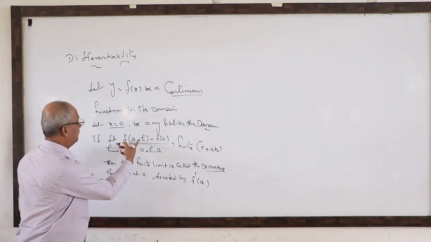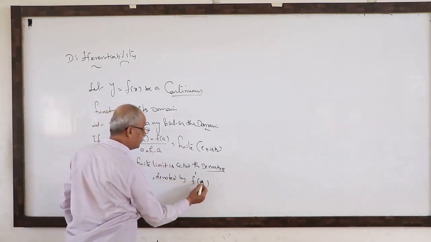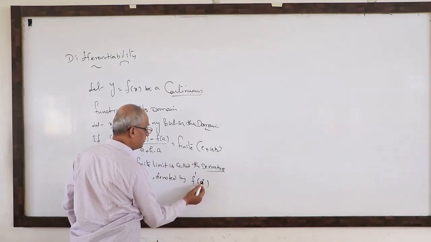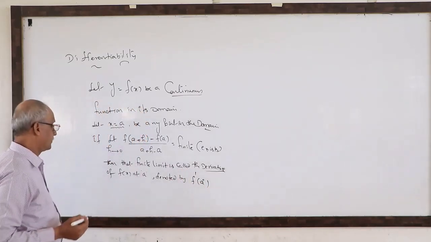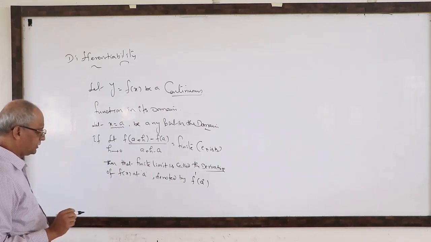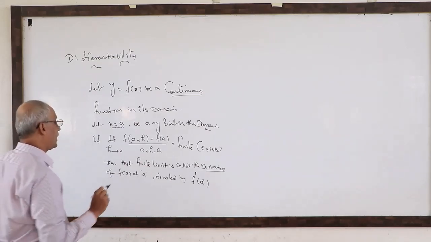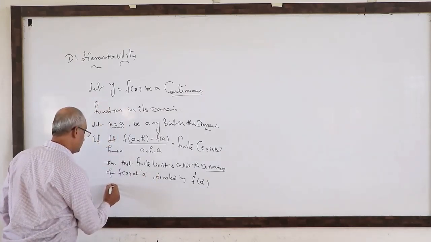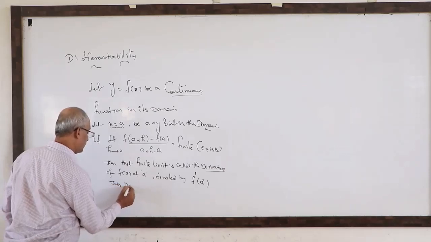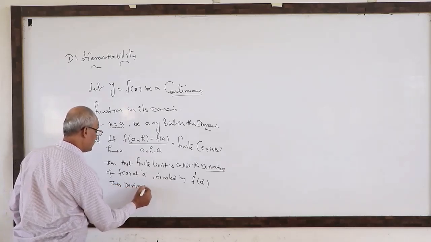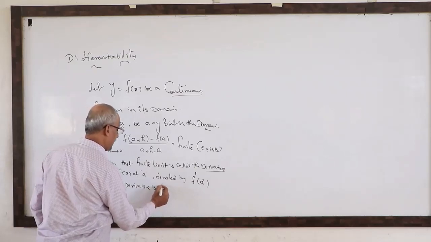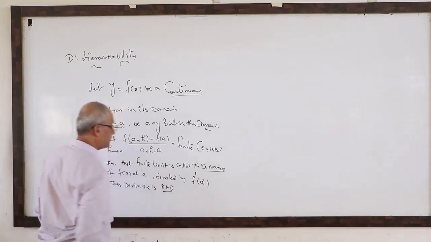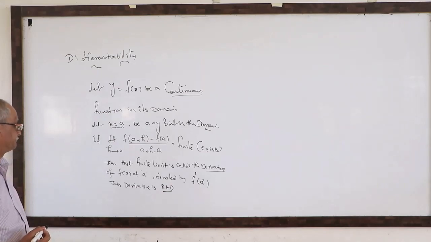Right side or left side? Plus means right side. Therefore the power plus indicates that. Then we should give some name for this derivative: f dash a plus. This derivative is the right hand derivative.